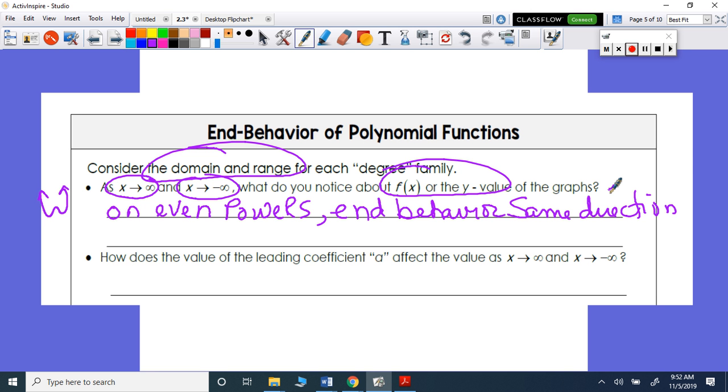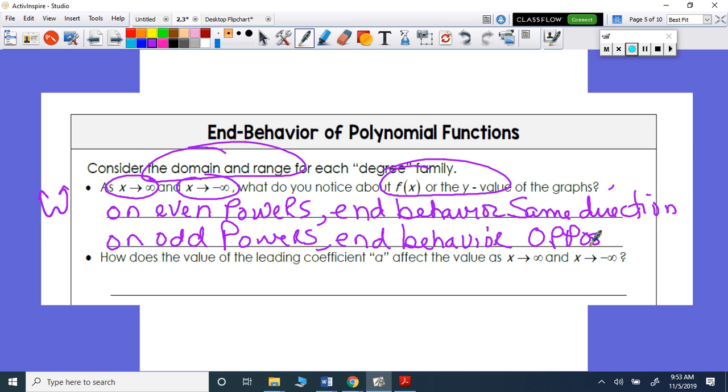Awesome. And on odd powers, what happens to our end behavior? Is it the same or the opposite directions? Opposite, yep. So all your hard work is probably making this a little easier.